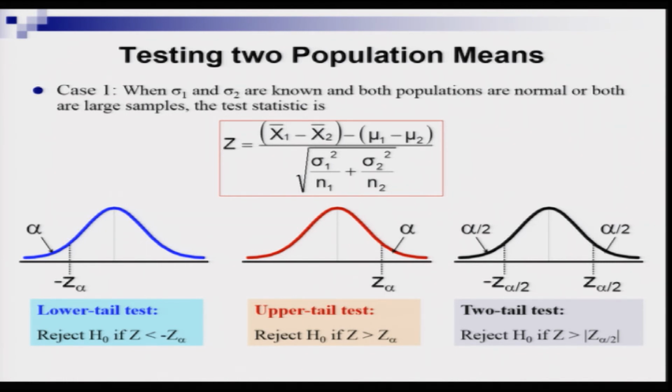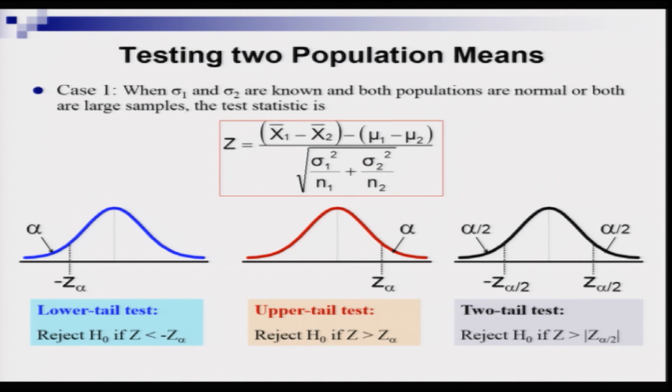So, you can choose any of the 3 boxes in the previous slide and write your null and alternative by following one particular box. But here note that the test statistic is going to be very complicated, and here you see that the Z statistic we are going to use.